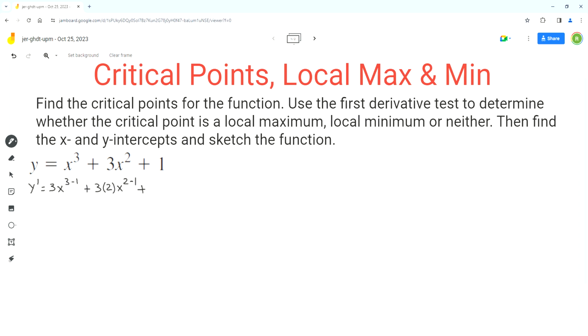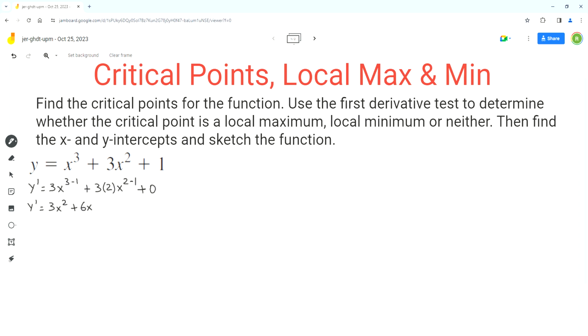Now the derivative of 1 is 0 because 1 is a constant. Now we can simplify this expression. So y prime equals 3x squared plus 6x.